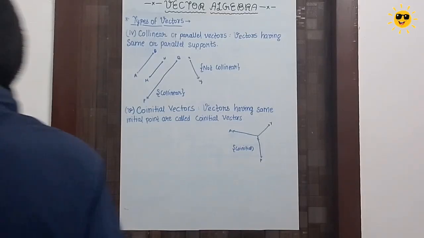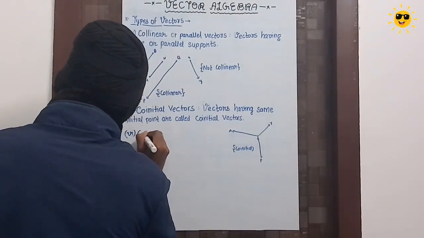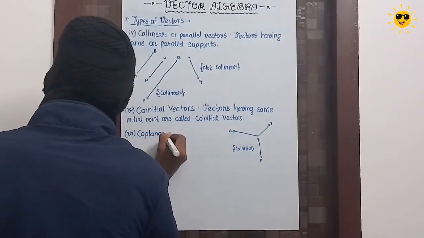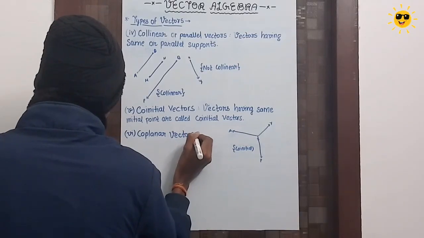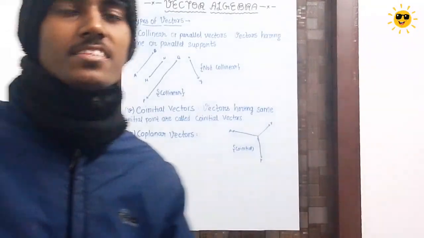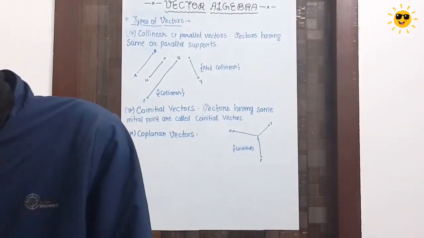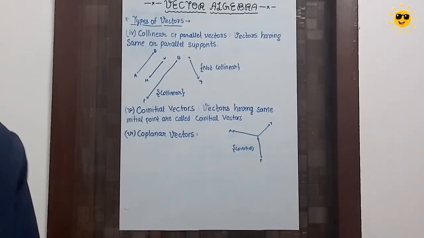Next is coplanar vector. This one is very interesting. Many of us make mistakes on this one. What are coplanar vectors? Vectors lying in the same plane or parallel to the same plane are called coplanar vectors.